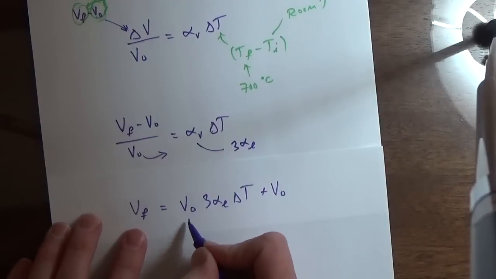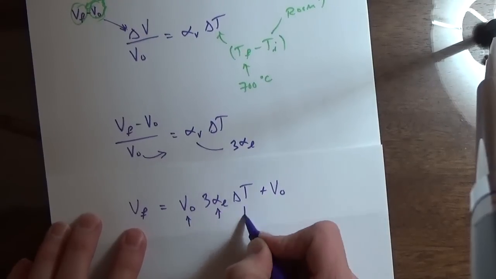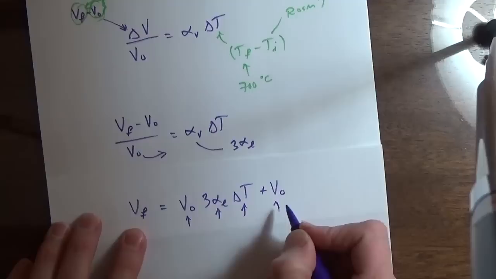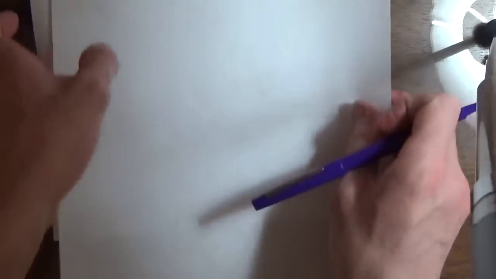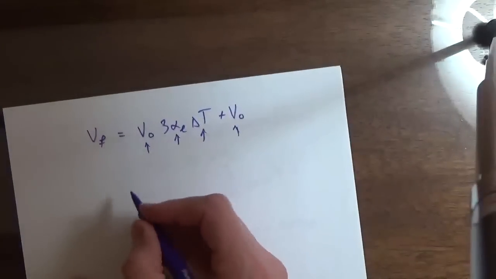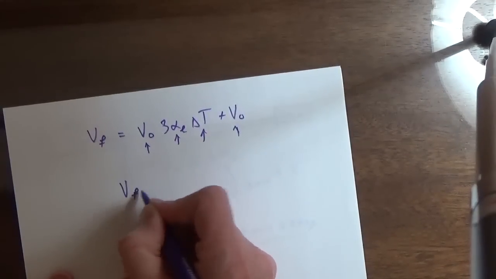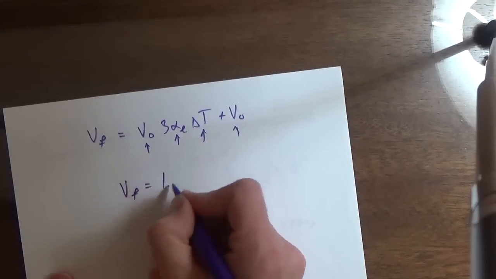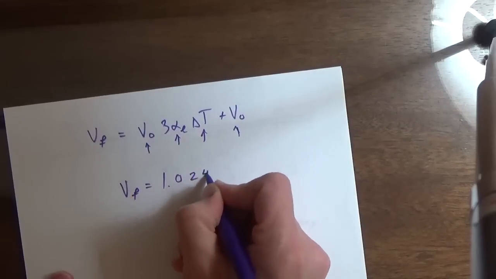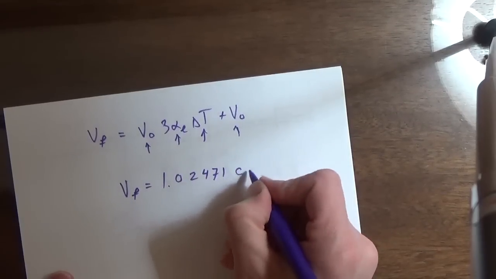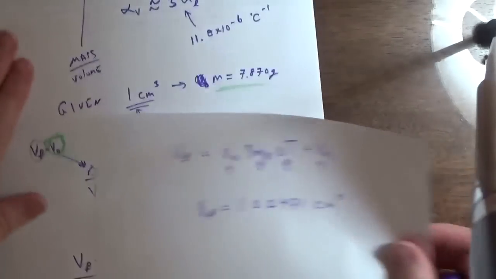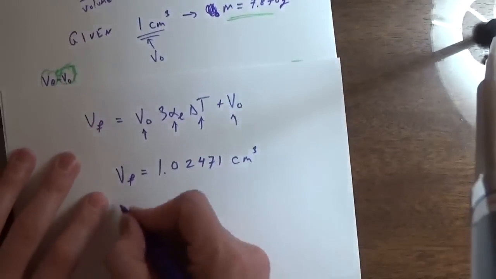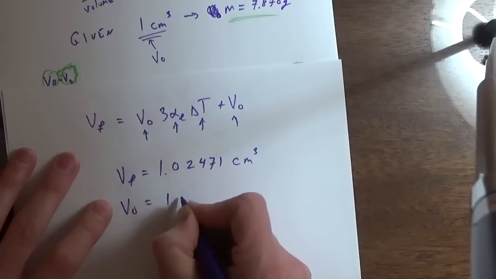And now that's known, that's known, that's known, and that's known, which is going to give us Vf is equal to 1.02471 cubic centimeter, and that is compared to our V0, which was 1.